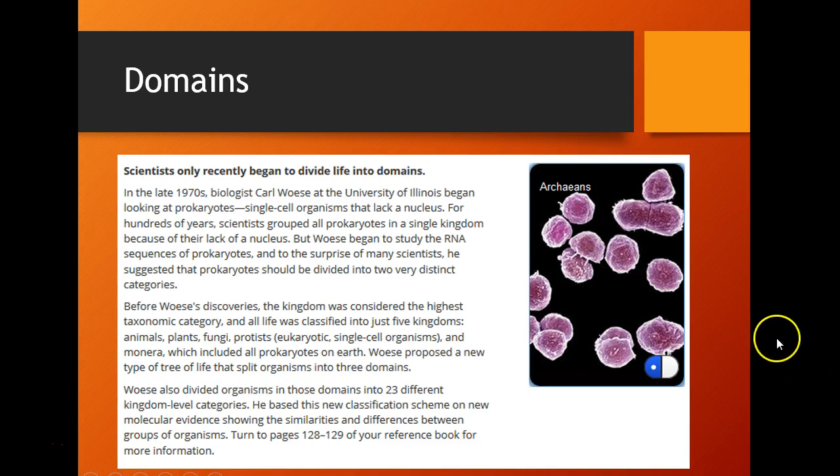This whole concept of organizing life into three domains is actually a recent development. Before, scientists used to just separate organisms into prokaryotes and eukaryotes.